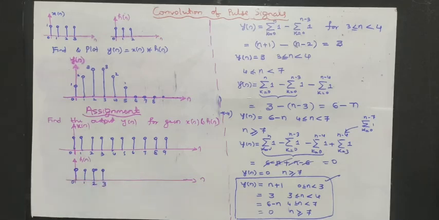Okay, this is h of n. You have to convolve these two so as to obtain y of n. Obtain and plot y of n, which is equal to x of n convolved with h of n. Obtain this. If any doubts are there, you can reach me.